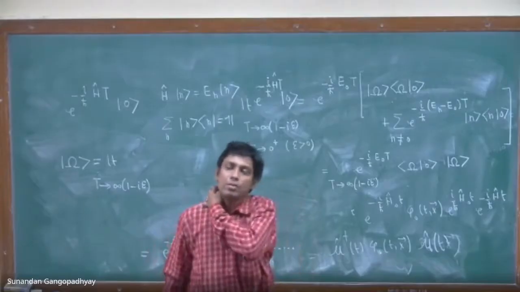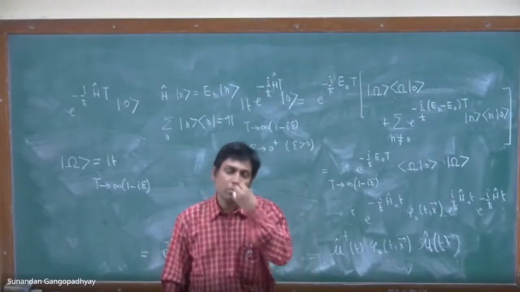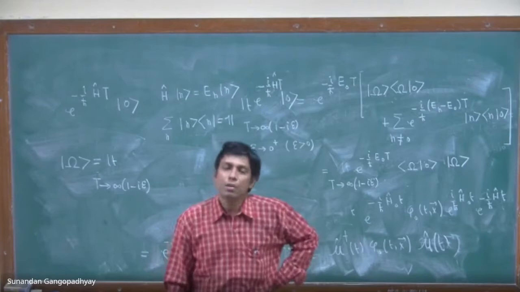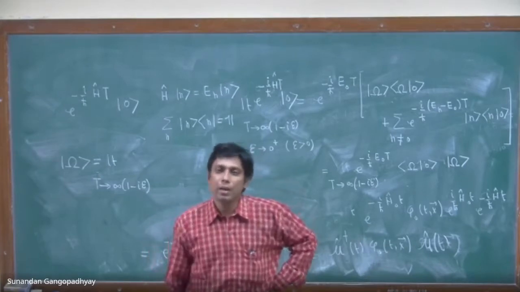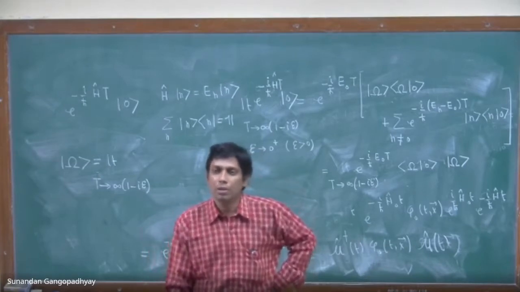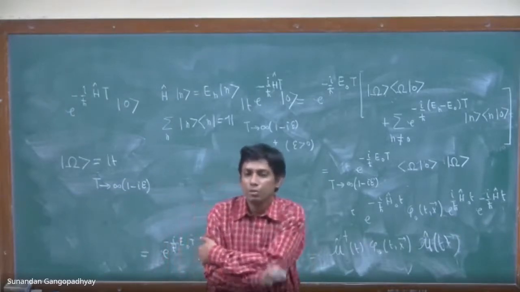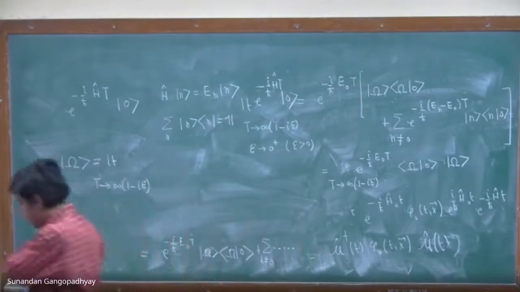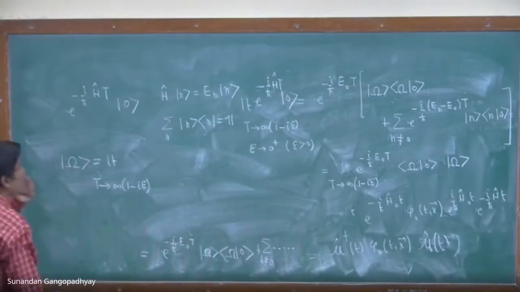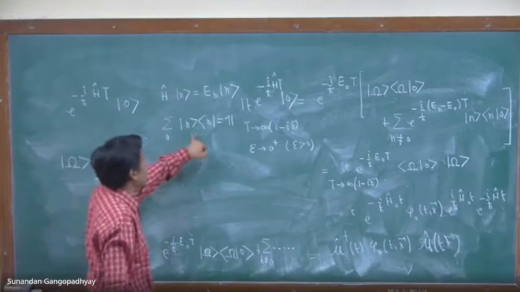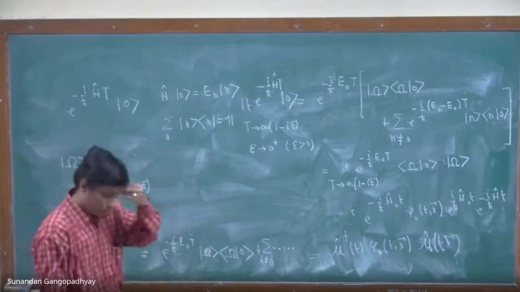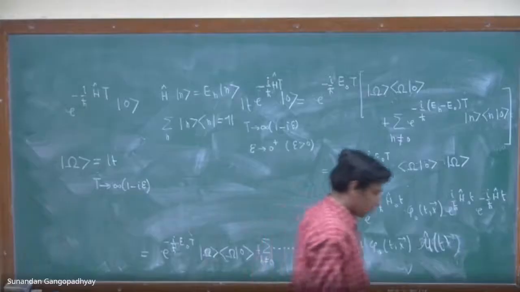You can always define inner products between states of an interacting Hamiltonian and states of a free field Hamiltonian. There should not be any difficulty. The only difference is that you don't know what these are. That is the problem.